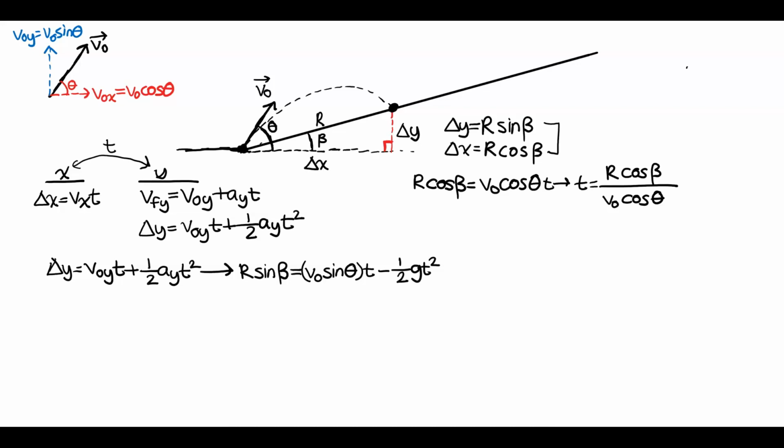This is really good news, because now we can substitute this expression for t inside this equation. See how we use the fact that both delta x and delta y have r in them, and both the equations for x and y have t in them, and we can use those two similarities to establish a correlation.